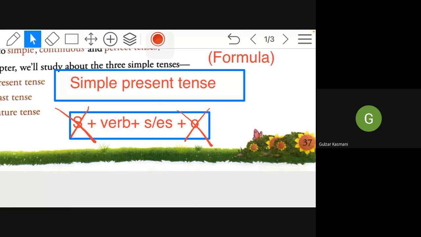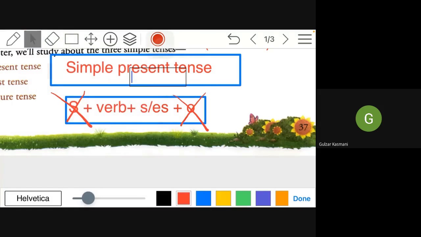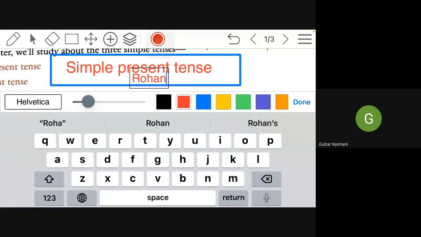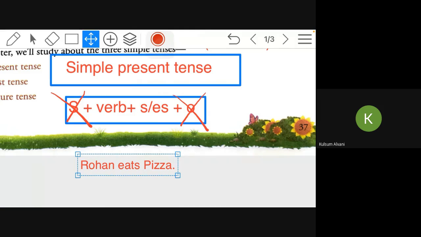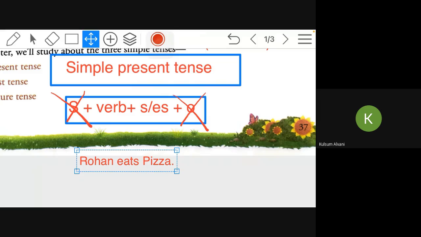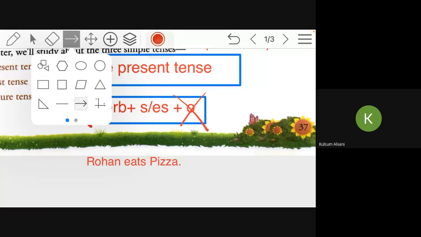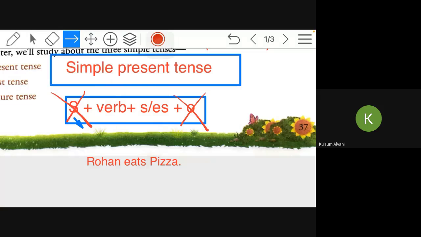Now, here if I write: Rohan eats pizza. This sentence is in the simple present tense. Here the subject is Rohan, the object is pizza, and the verb plus s is eats.